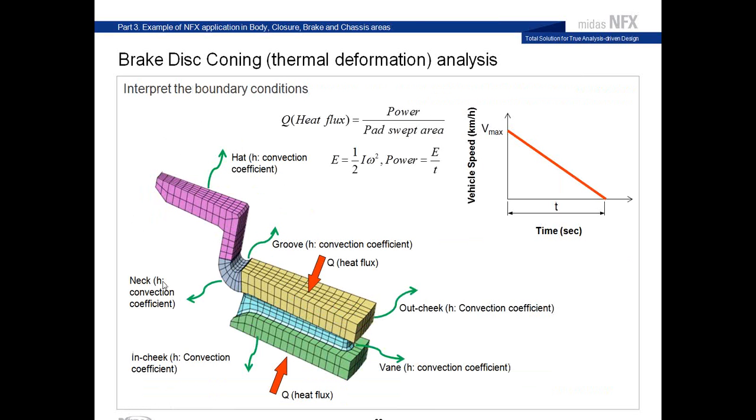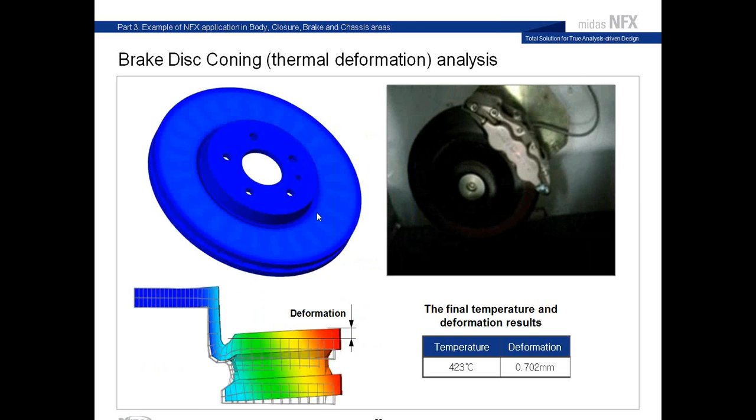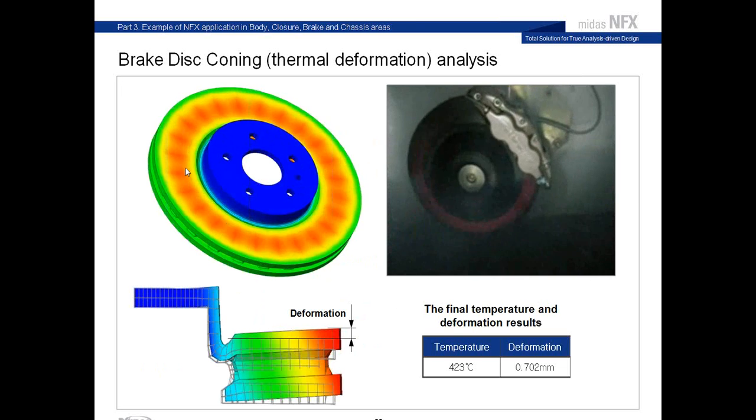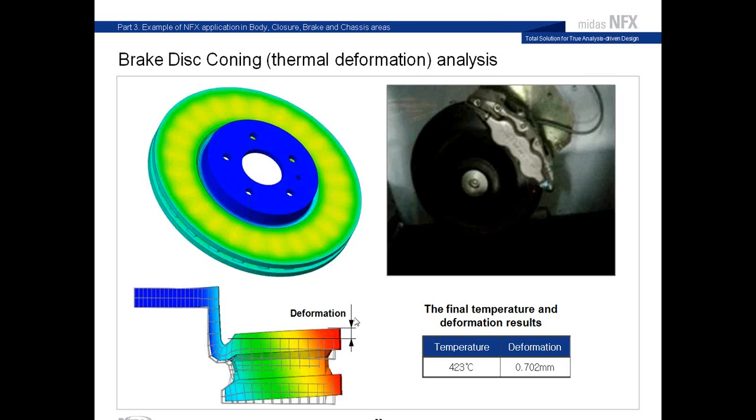So here you have a description of the boundary conditions applied. And all that is considering the vehicle speed, which is decreasing during the braking. And here you have the thermal deformation according to this.